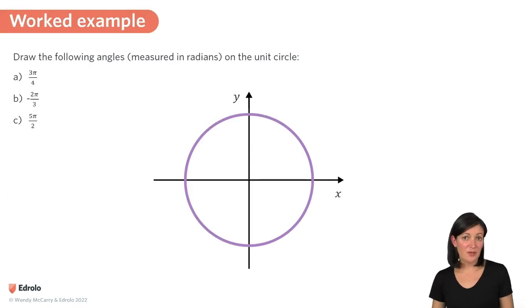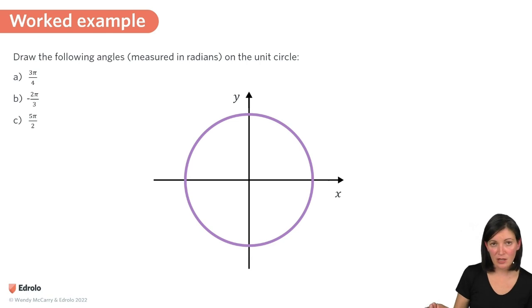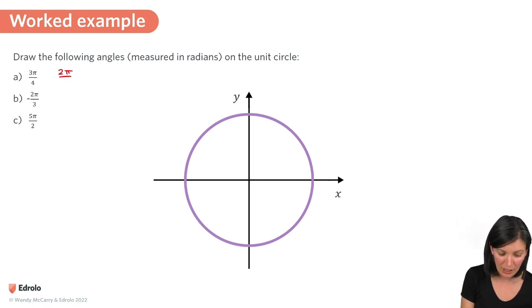Okay, so for this example, what we're going to do is draw these angles on the unit circle. The first one we have there is 3 pi on 4, so 3/4 pi. It helps to think about breaking these angles up. I know that 3 pi on 4 is the same as 2 pi on 4 plus 1 pi on 4.